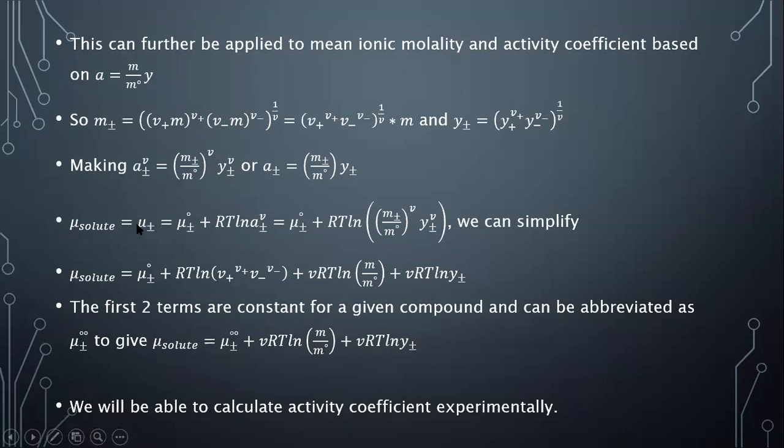Where chemical potential solute has gone to the mean ionic chemical potential, which can then be the standard mean ionic chemical potential plus RT ln activity raised to the power of nu, the mean ionic activity raised to the power of our coefficient, which then can be exchanged for our mean ionic molality over standard molality raised to the power of coefficient nu times activity coefficient, the mean ionic activity coefficient raised to the power of nu, which then can be simplified into the mean ionic molality, can be split into the factor of our coefficients of each one.